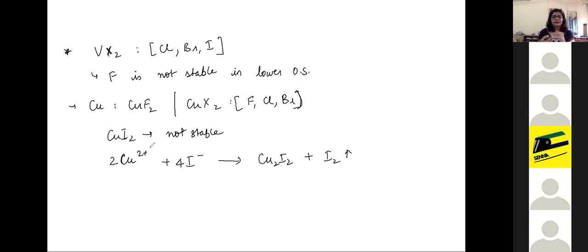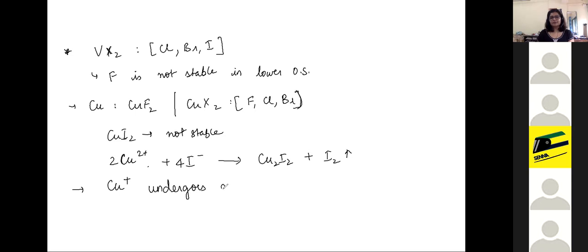The enthalpy of hydration for Cu2 plus is higher than the enthalpy of hydration for Cu plus, which is why compounds of copper tend towards Cu2 plus rather than Cu plus. Whenever you have a Cu plus compound, let's say CuCl, it undergoes a disproportionation reaction.